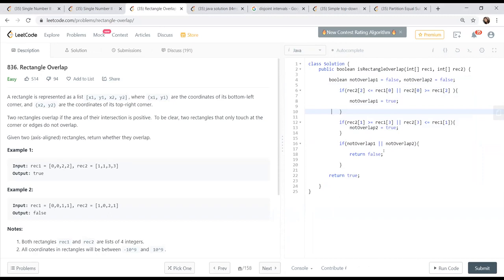My approach is to reduce it to a single dimension. Suppose we have two lines, and we see whether the two lines overlap or not, because the rectangle is two dimensional, right?